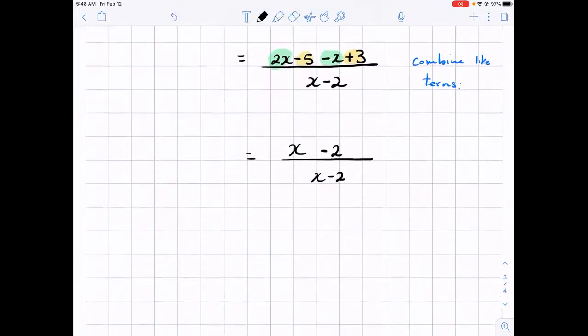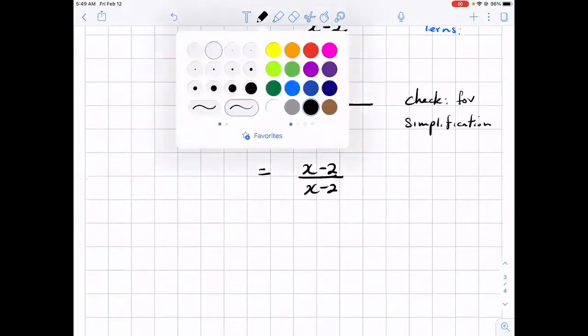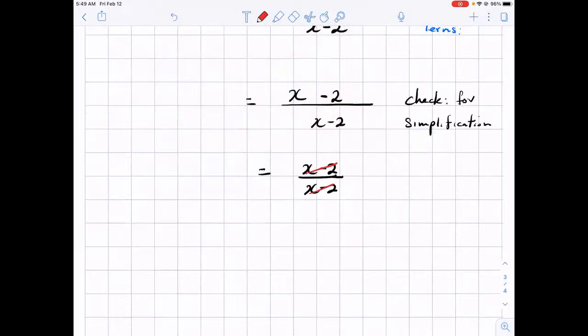And then check for simplification. You will notice we have x minus 2 over x minus 2. So the denominator is the same as the numerator. So we can say that this will cancel with that. And we say cancel, but anything divided by itself is 1. So the answer here turns out to be 1.